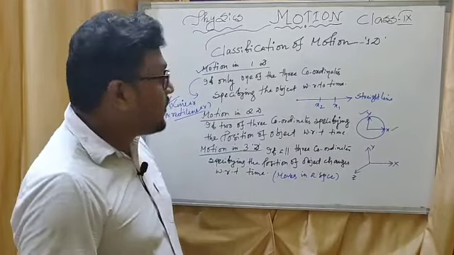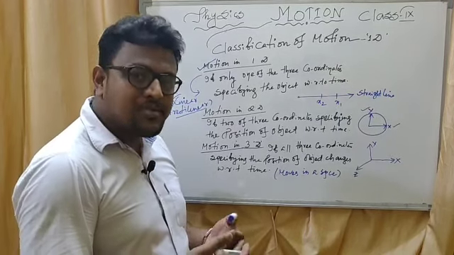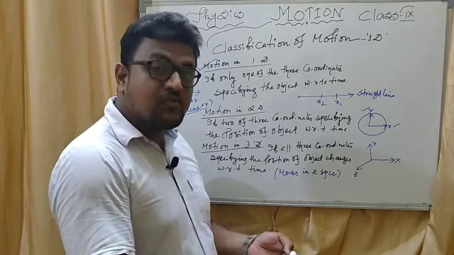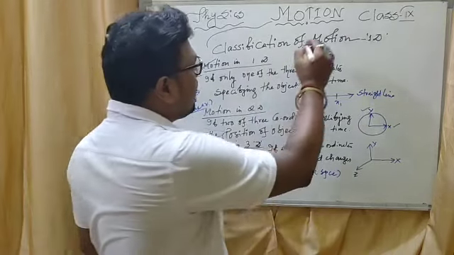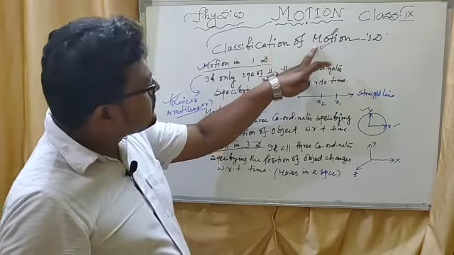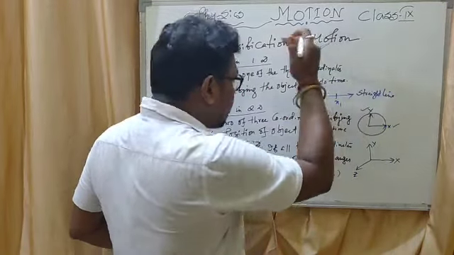Okay, now students, we learn what is motion. Motion means when an object changes position from rest to the moving position with respect to time. Here is the classification of motion in three dimensions.